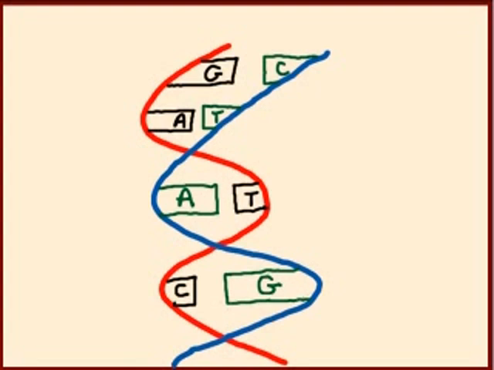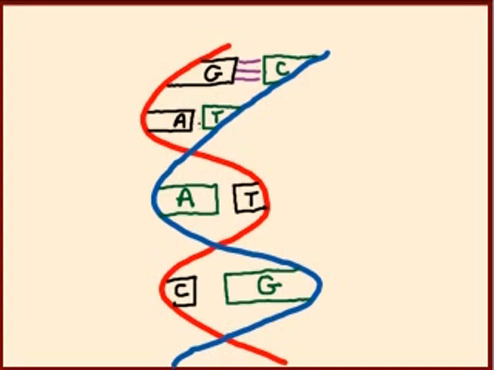Now between these we're going to have some hydrogen bonding. Let's get a purple color for hydrogen bonding. Now between G and C, there are always 3 hydrogen bonds holding them together.